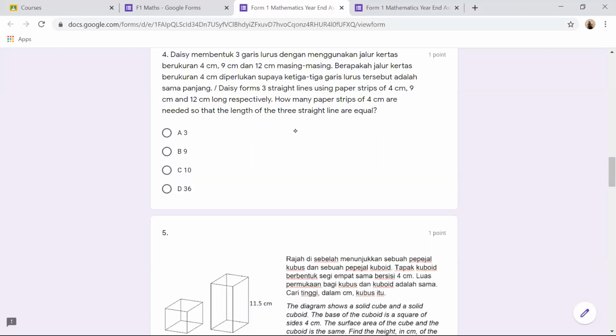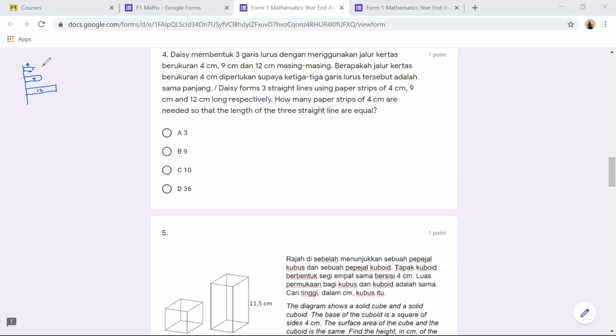Now, Daisy wanted to form 3 straight lines. So we have 1 straight line, starting from the same place. This is the 4 cm. Then we have the 9 cm. And then we have the 12 cm paper strips.